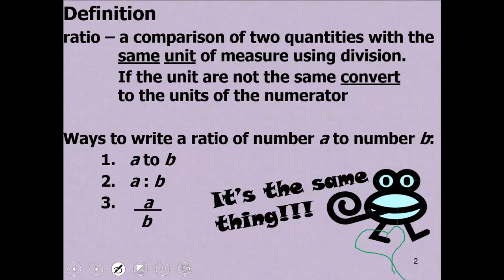This will be your numerator, this will be your denominator. If you see A colon B, this is your numerator, this is your denominator. Whenever you see A over B, this is a ratio, A to B, A over B. All of these things are different ways to say the exact same thing. It's a TJ Maxx commercial. It's the same thing.